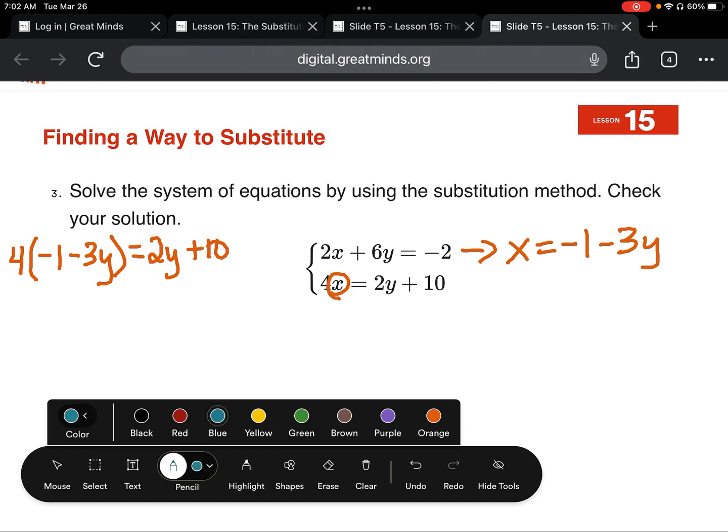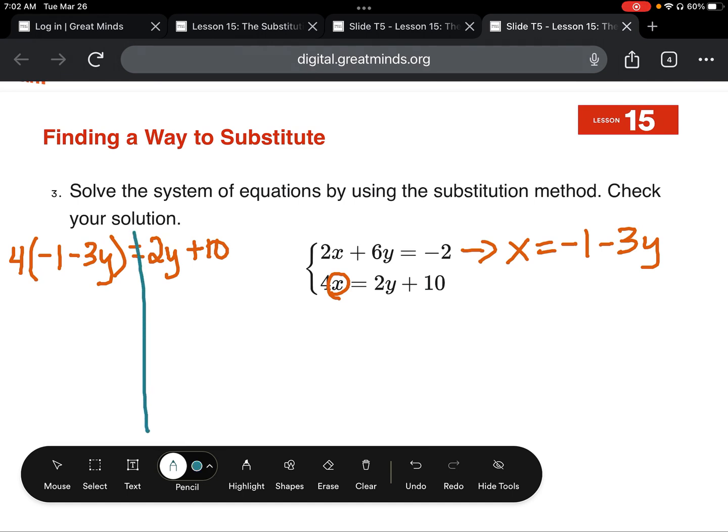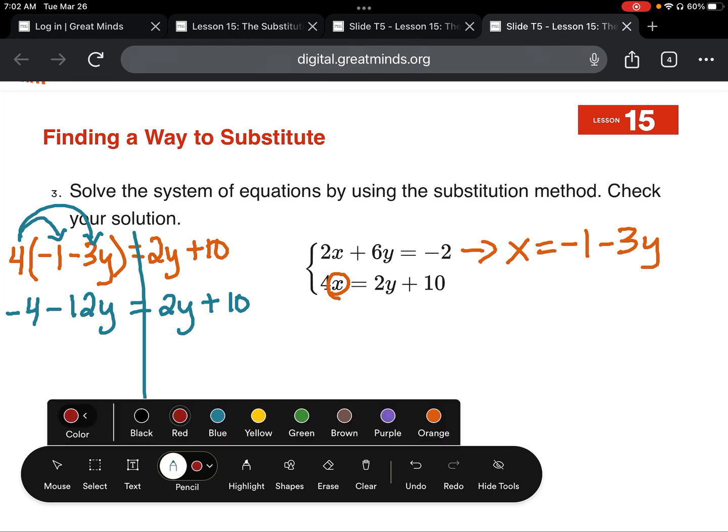So I'm going to just draw my line down the middle. Distribute. 4 times -1 is -4. 4 times -3y is -12y. My goal is to get y alone. Doesn't matter which way I do it. I'm just going to keep the y on the left.